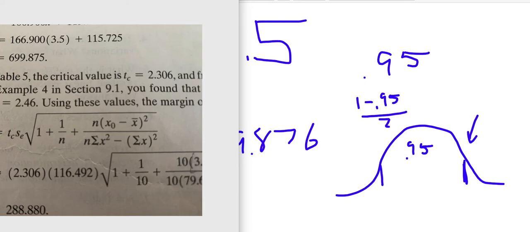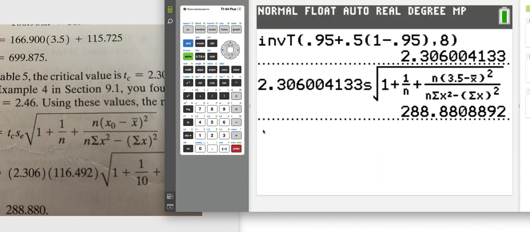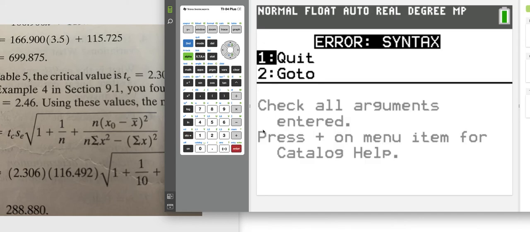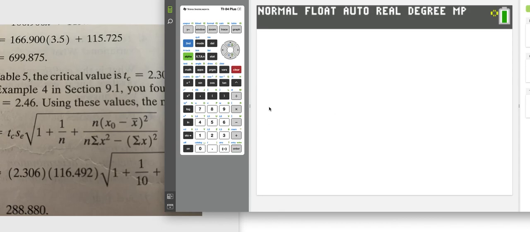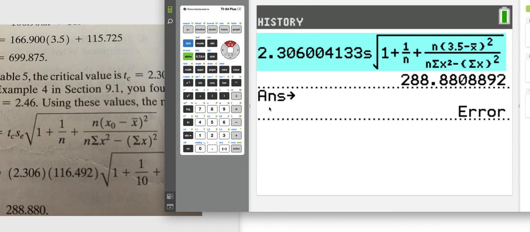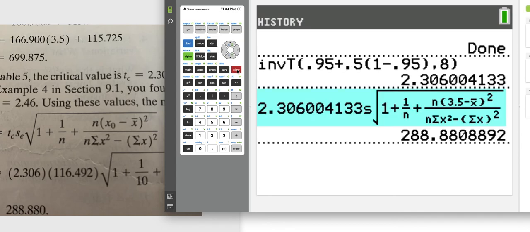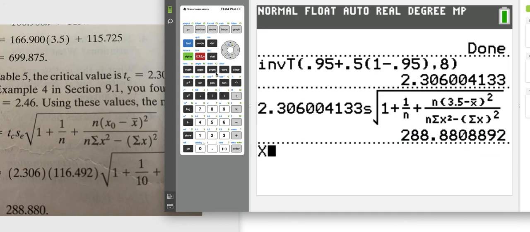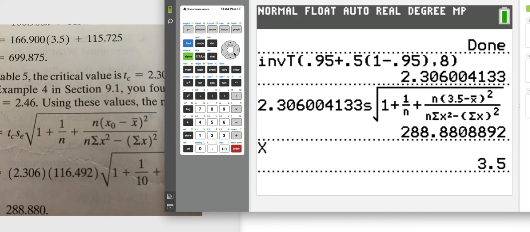Where did my calculator go? Here it is. So 699.876. I think I actually have that stored as x, do I? Nope. Okay, delete that. All right, so we're still tracking. I'll just check something. Nope.